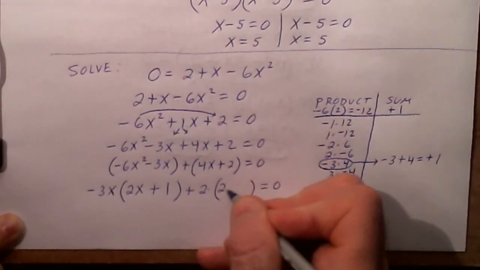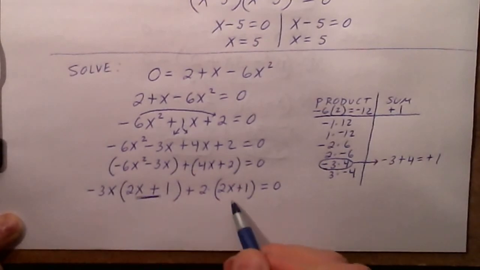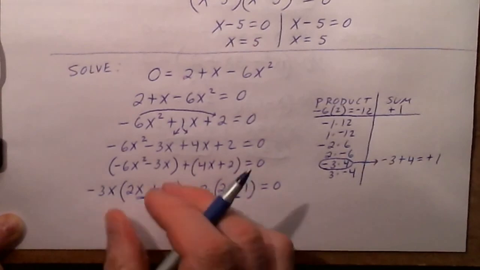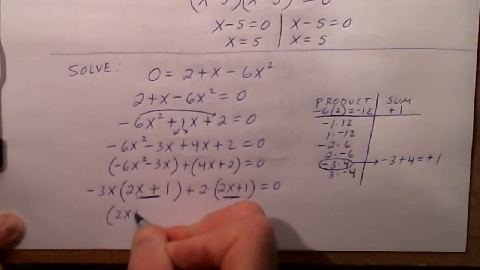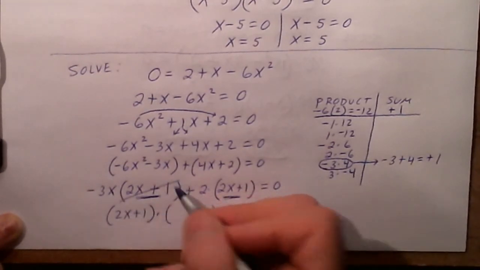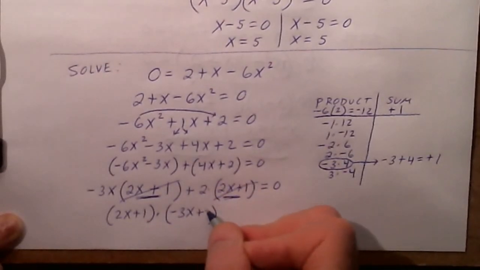We would leave behind 2x plus 1. Notice now that we have a common binomial factor that's shared by both these terms. Being the case, we can factor the whole binomial factor of 2x plus 1 out of both these terms. There it is. Times, what do we leave behind in doing so? Well, we leave behind -3x plus the 2.